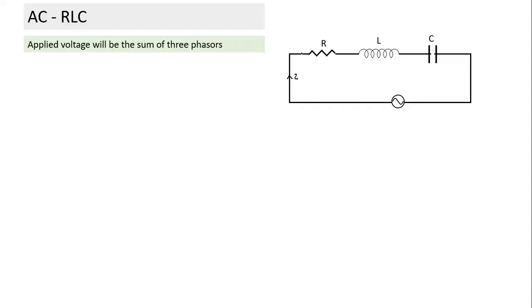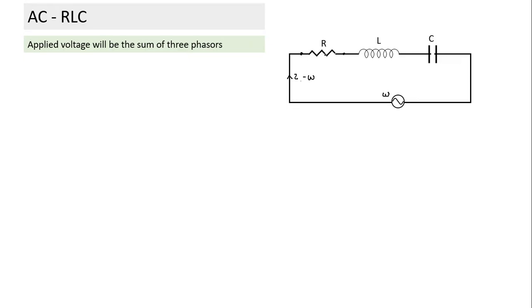So the current is common in all three. But when we look at how the voltage across the resistance will vary, as the current is varying as a sine function, voltage also will vary as a sine function. This voltage will have an amplitude and this voltage will have a frequency. Frequency is the same. So if this is omega here, this also will vary with omega. And here also voltage also omega, omega, omega. Only question is what is the amplitude, what is the phase here.